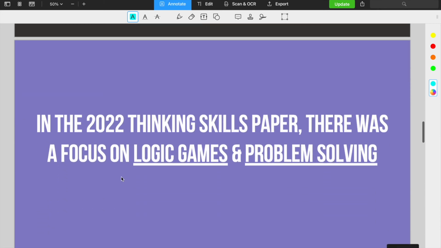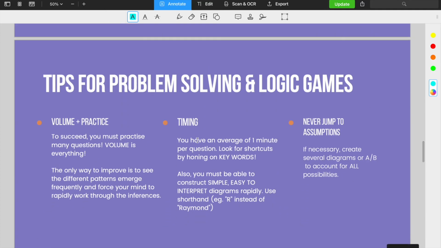Okay, so as I said earlier, there was a huge focus on general problem solving, logic games. So I'll talk about some tips to improve in that section. Volume and practice, right? I know it sounds really simple, but you have to do as many questions as possible. Volume helps a lot. And the only way to improve is actively trying these questions and trying to spot different patterns, right?